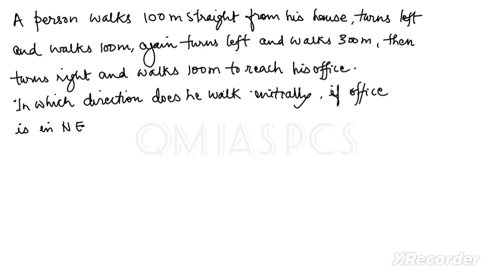Yes, this question is from UPSC 2024. The question is saying: a person walks 100 meters straight from his house, turns left and walks 100 meters again, turns left and walks 300 meters, then turns right and walks 100 meters to reach his office.